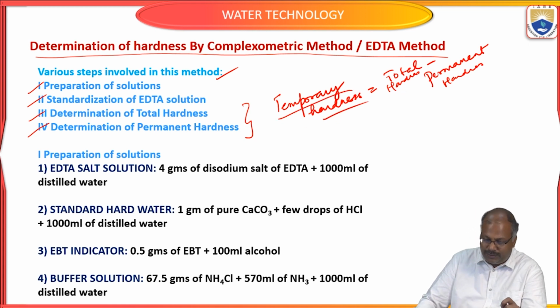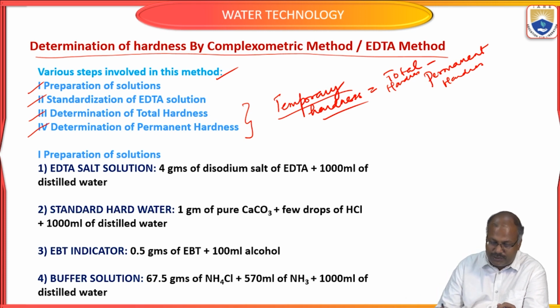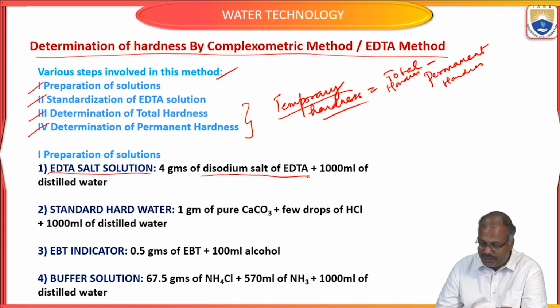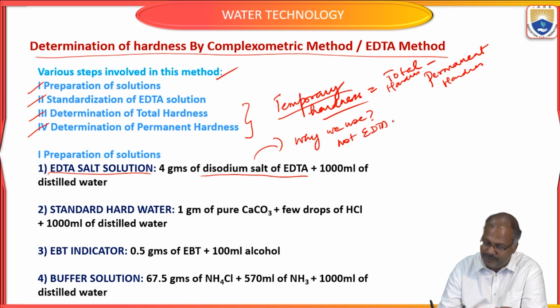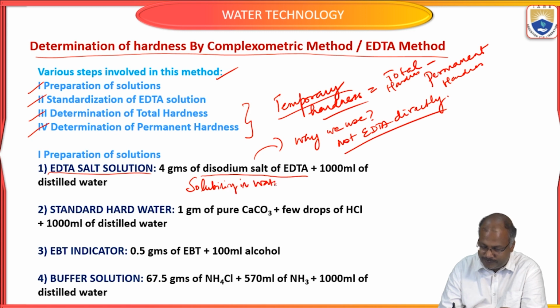Okay. Now, what are the solutions required? EDTA salt solution. Disodium salt of EDTA. Why we use disodium salt and not EDTA directly? Because the solubility of disodium salt of EDTA in water is good compared to direct usage of EDTA.